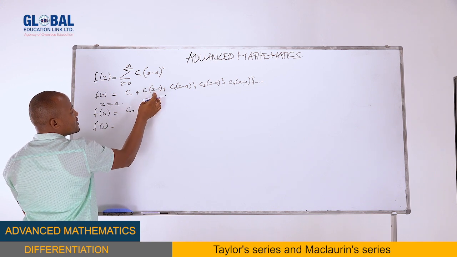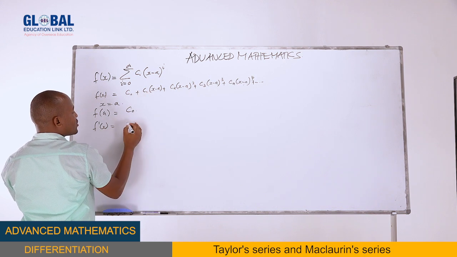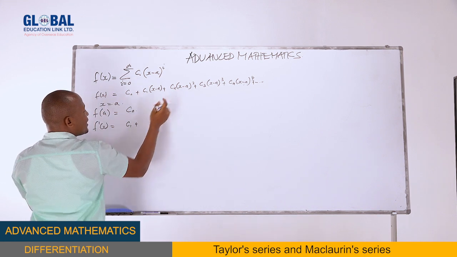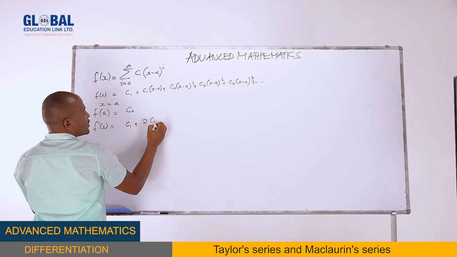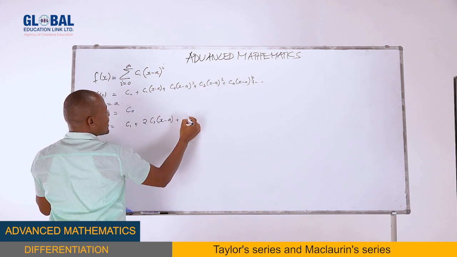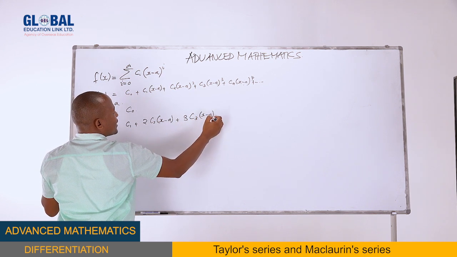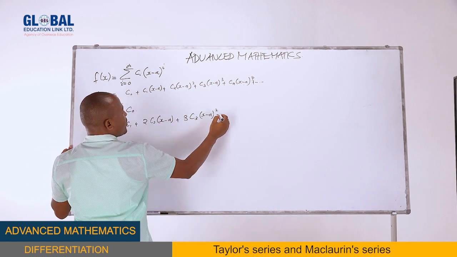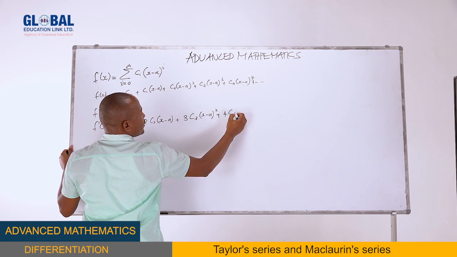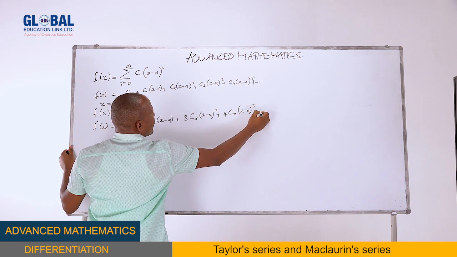If we differentiate this expression raised to 1 with respect to x, we are going to have c1 plus, differentiating that, 2 c2 times x minus a, plus, differentiating that, 3 c3 times x minus a raised to 2. Then plus, differentiating that, we have 4 c sub 4 times x minus a raised to 3, and so forth.